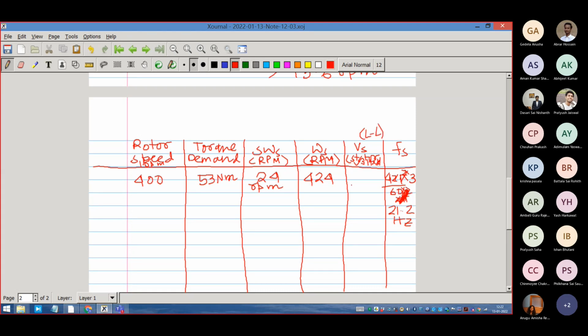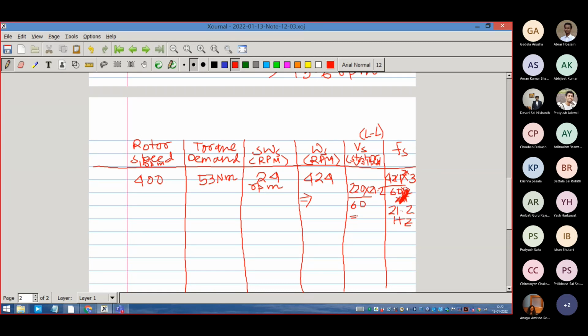That is 220 is the original one, right? And now the frequency that corresponds to 60 hertz. So 60, and now we are running it at 21.2 hertz. So it will be into 21.2. This corresponds to the RPM, right? So how much is it?